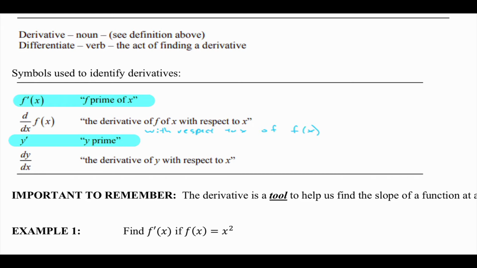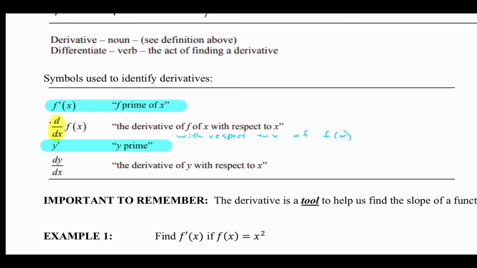The second one, d over dx, is the derivative of f of x with respect to x. So anytime you see d dx, it means they want you to do something. That's an action. It's an action word. It's a command. d dx means find the derivative. Do it.